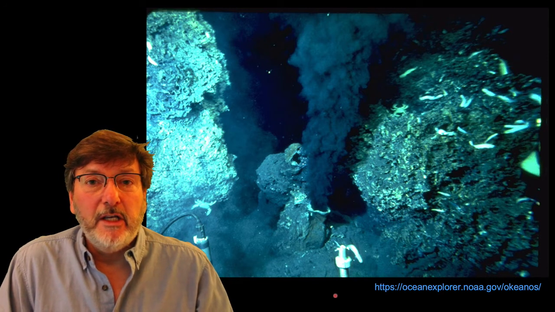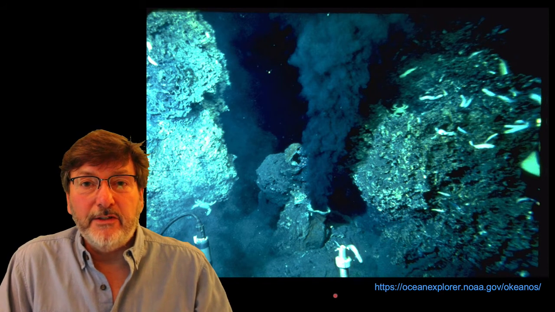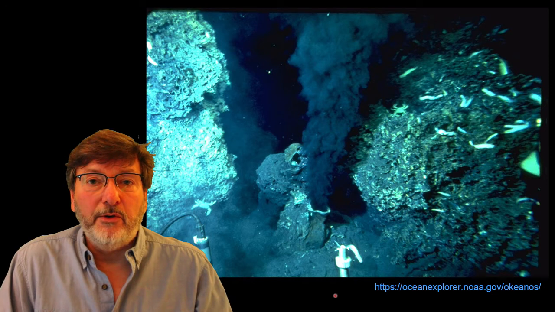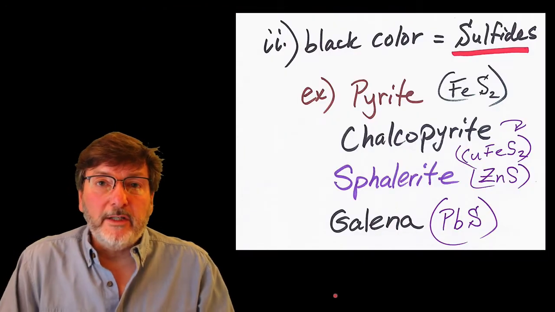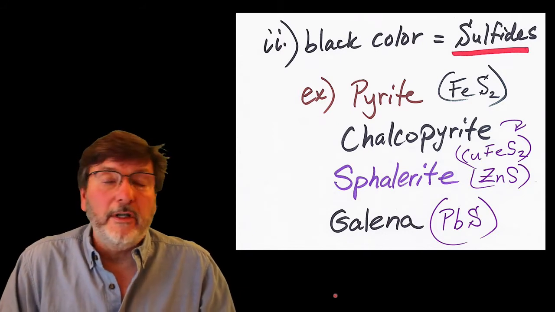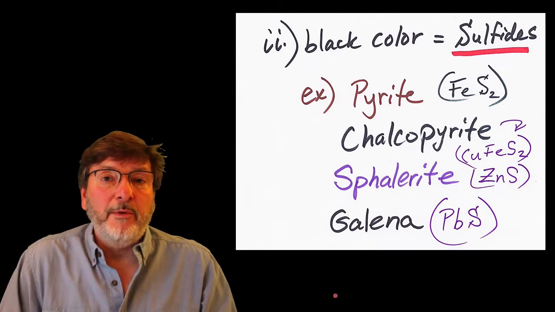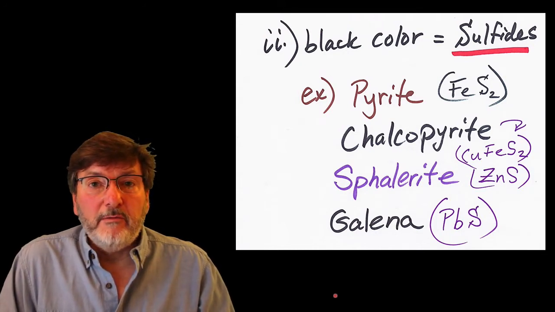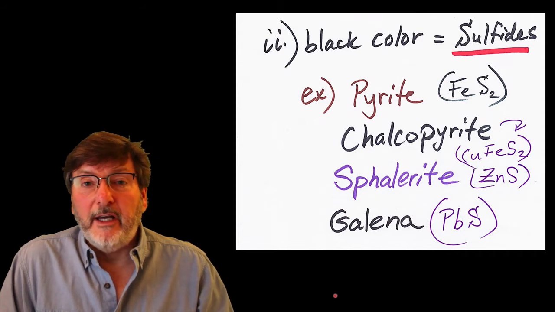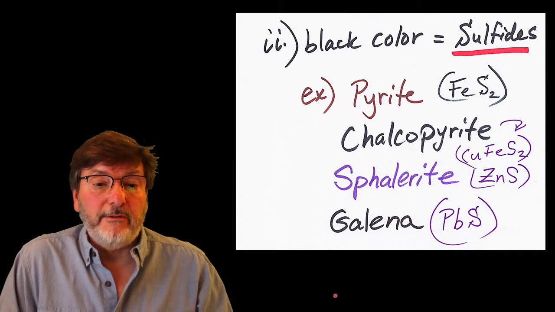It's pyrite, galena, zinc sulfide, all these weird minerals forming the actual chimney itself. So the black color is the minerals, the sulfides, and the number one mineral is pyrite, just iron sulfide. There's chalcopyrite, which is iron copper sulfide, sphalerite, zinc sulfide, and minerals like galena, which is lead sulfide.